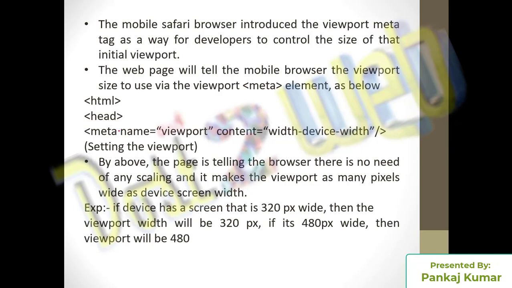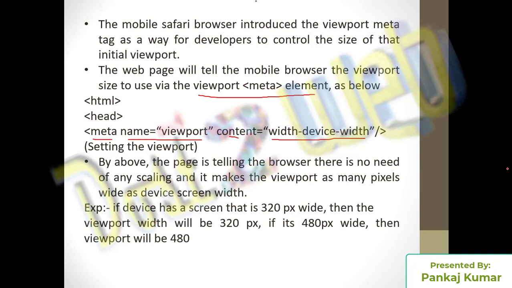Next, the web page will tell the browser the viewport size to use, using the viewport in the meta element, which is the example here. We showed you how to use the viewport in the previous class. You have to use meta name equal to viewport, content equal to width equal to device-width.